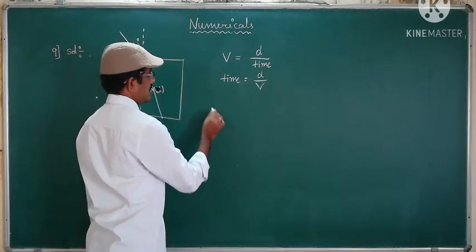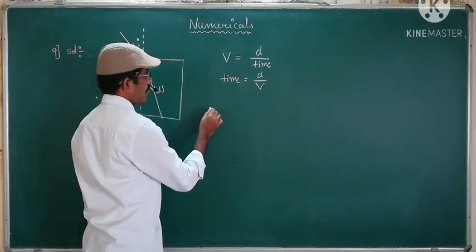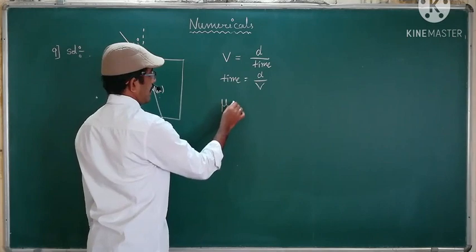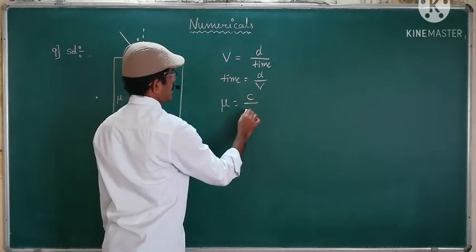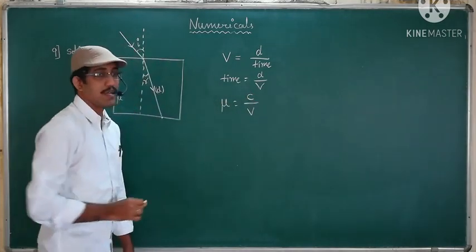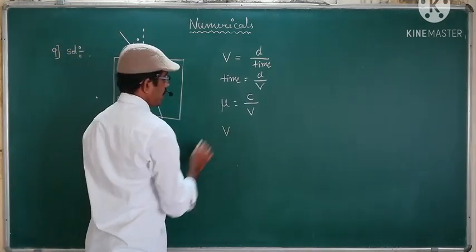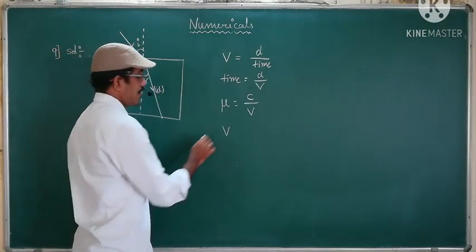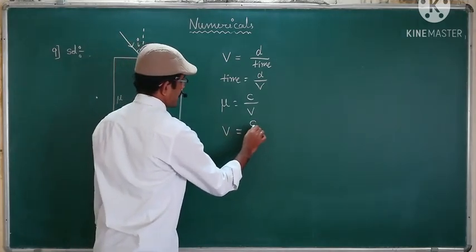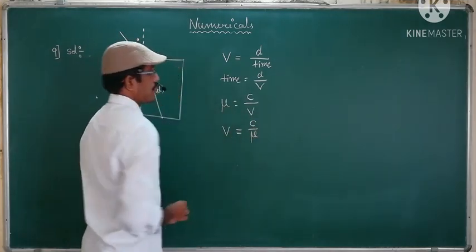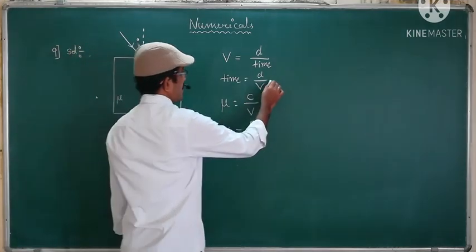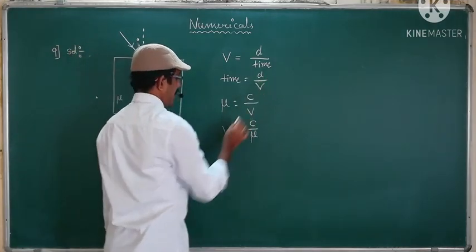As we know, the refractive index of a medium is equal to the velocity of light in vacuum divided by the velocity of light in a given medium. Now, the velocity of light in a given medium v is equal to c divided by mu.